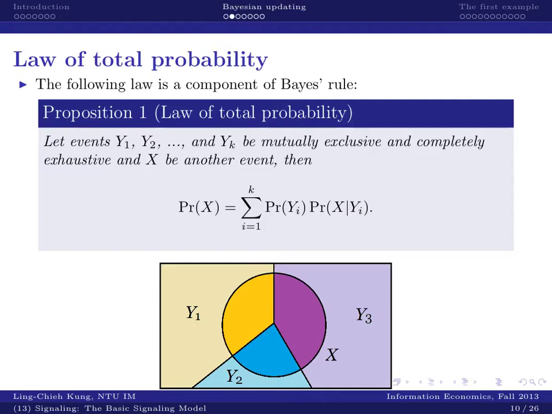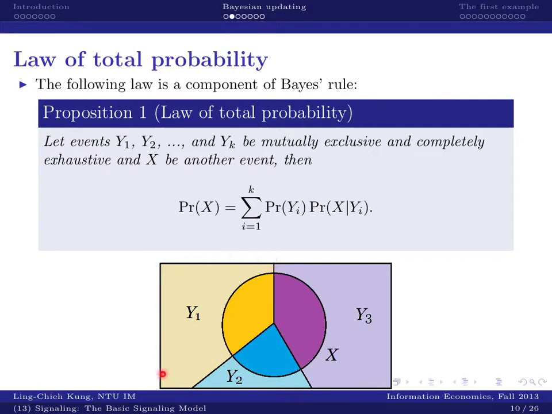If we want to explain with figures, the circle here means x, and those three different areas mean y1, y2, and y3. This theorem is nothing but saying the probability for x is the sum of these three pieces, and each piece can be calculated in this way.